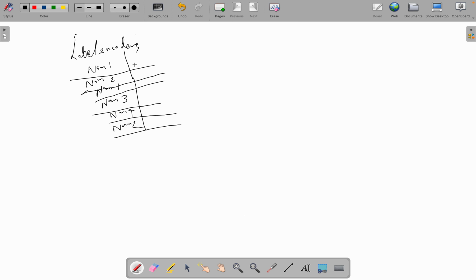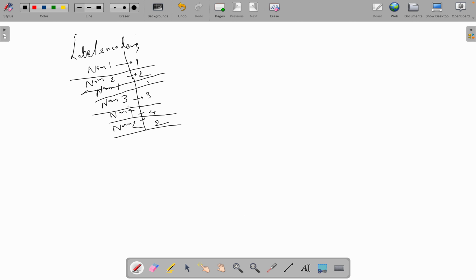You can name name 1 as 1, name 2 as 2, then name 1 will be 1, name 3 as 3, name 4 as 4, then name 2 will be 2. So we have assigned one number to each name. These are called label encoding.